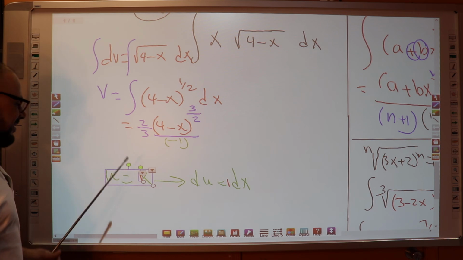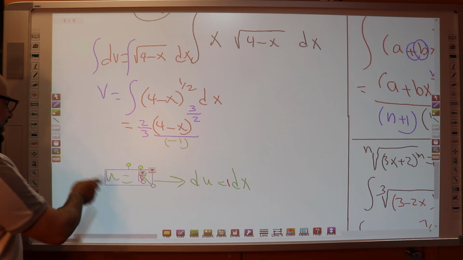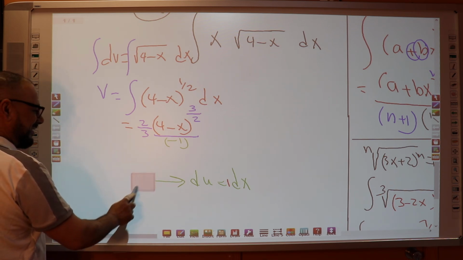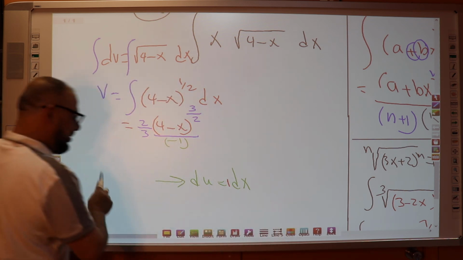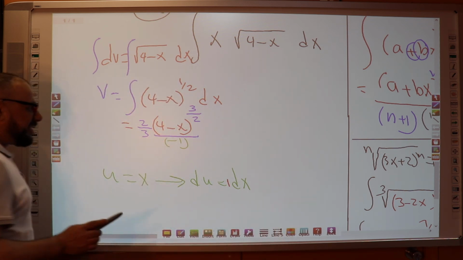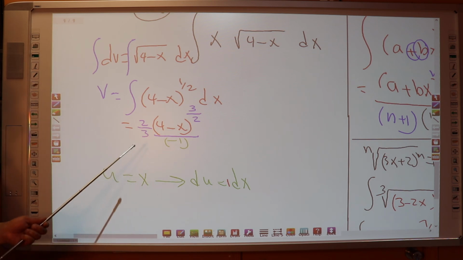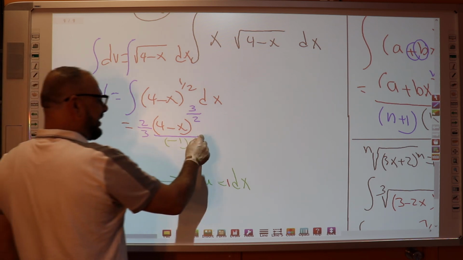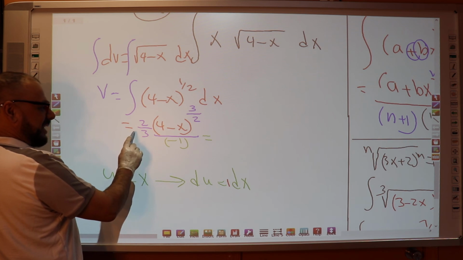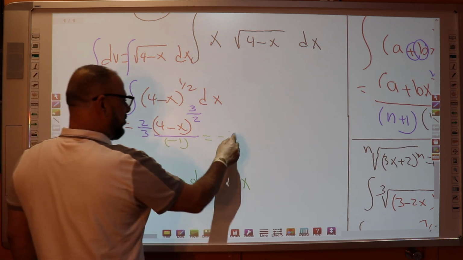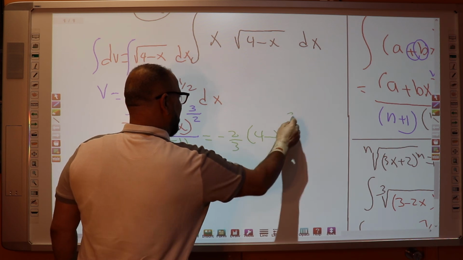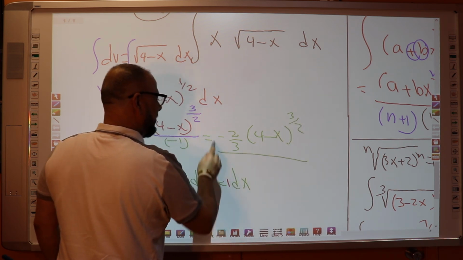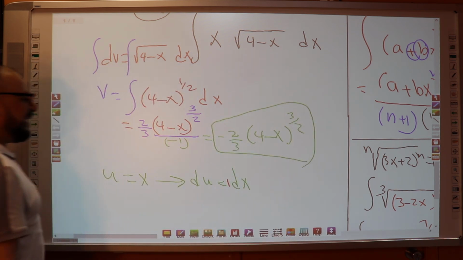U equal x. You see where the negative is? We can take it out: negative 2/3, 4 minus x to the 3/2. This is my v.